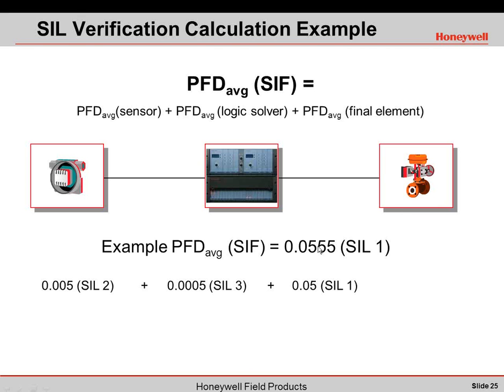So when I take 1 over that value, that's what gives me the risk reduction of 18. Now the second system that uses 2 of the valves, there we came up with a PFD average of 0.008, and in that case our risk reduction factor would be 125. So it's simply 1 over.